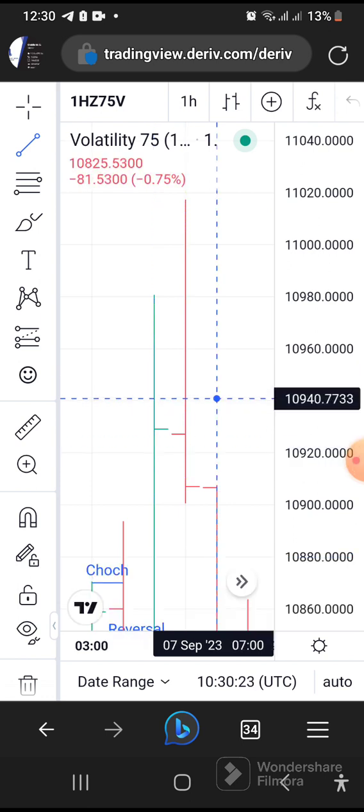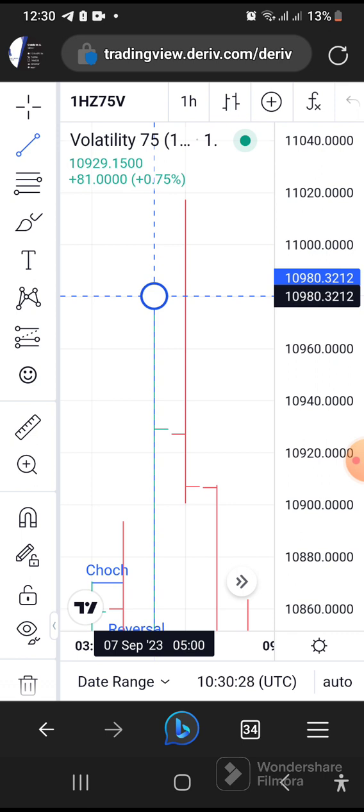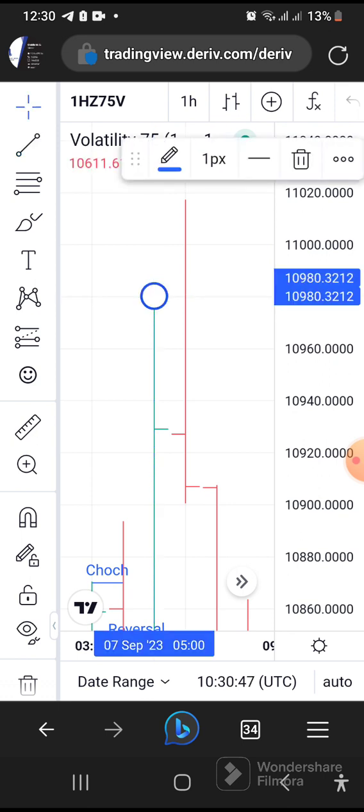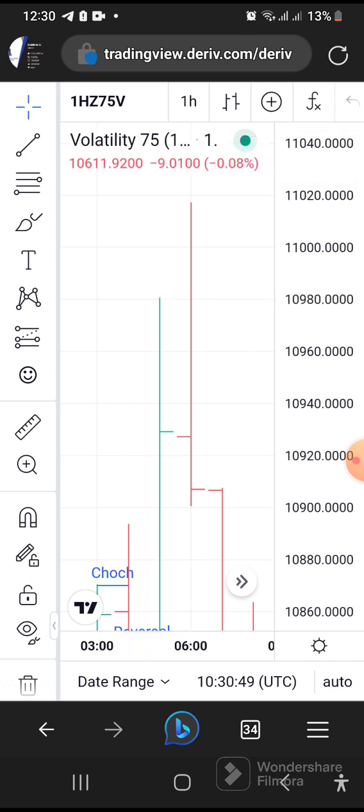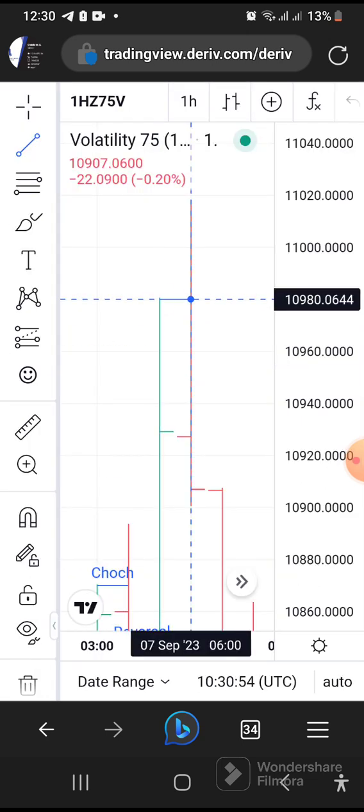So once we've marked out that reversal, meaning that price reversed and started making a lower high, and another lower high, and another lower high, we then noticed that price changed in direction and started making higher lows. That would mark it out as a change of character, so we're going to mark that out as a change of character, guys.